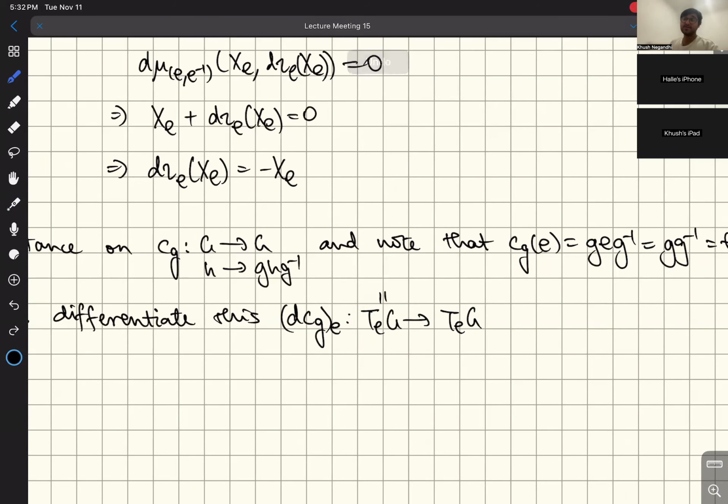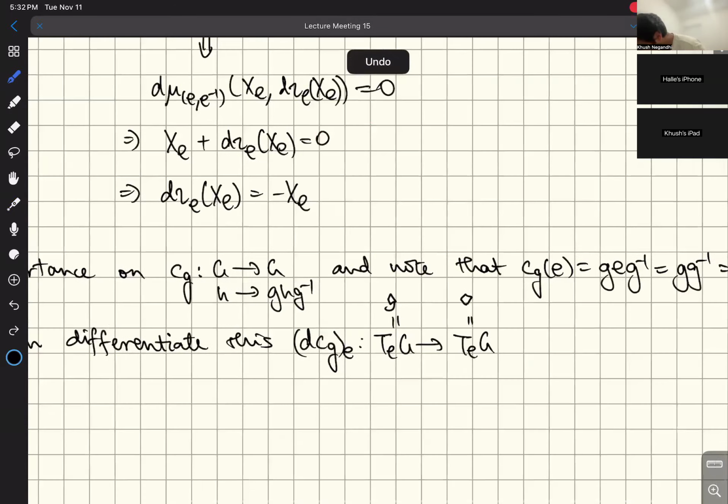Usually this is written with a script G. I'm not sure how to write that, so I'm going to write it like this. And this is called the Lie algebra.